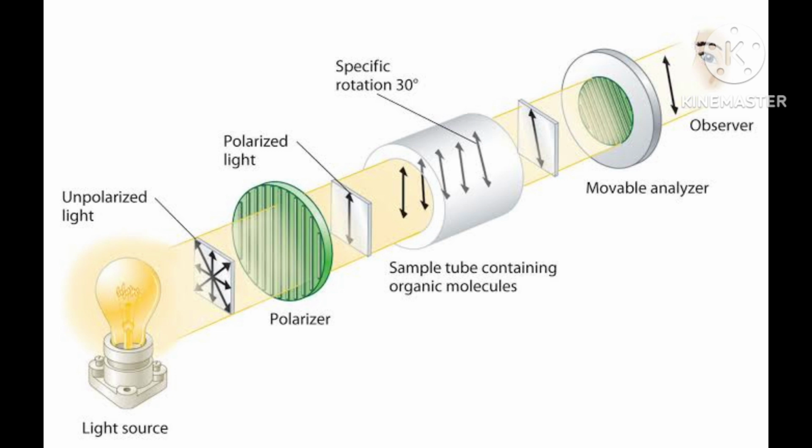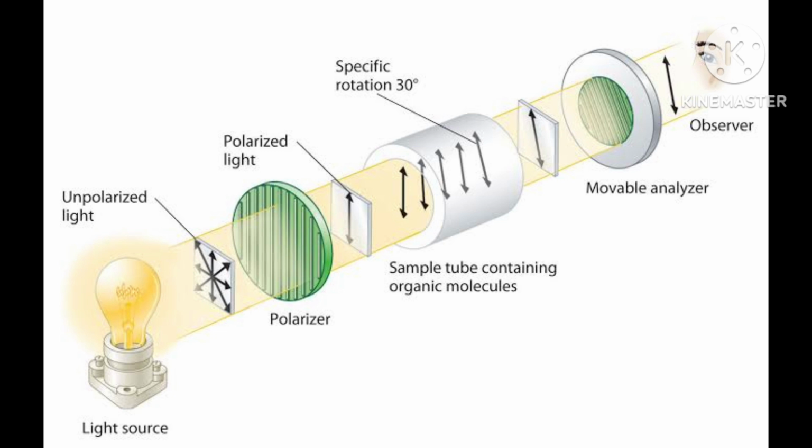Again I am telling you, the angle by which the plane polarized light is rotated is measured by an instrument called a polarimeter. If the compound rotates the plane polarized light to the right, that is the clockwise direction, it is called dextrorotatory or the D form, small d form, and is indicated by placing a positive sign before the degree of rotation.